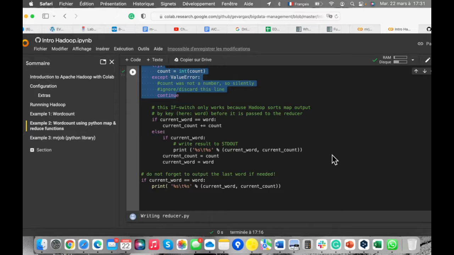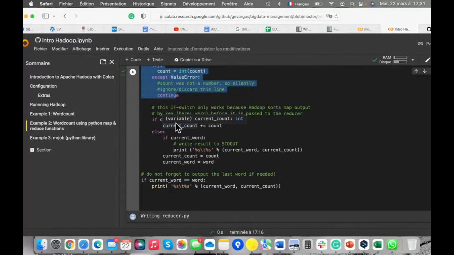So it assumes that Hadoop has organized the results of mappers, and that all the tuples that have the same key have been grouped together. So it's going to go through the list and look for duplicates. It goes for the first line.